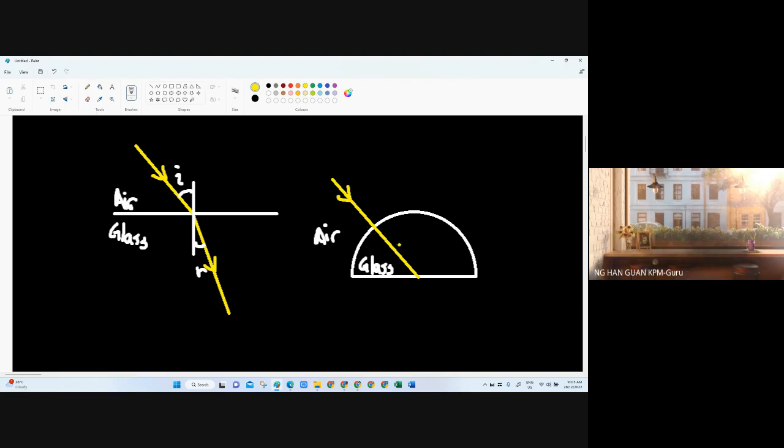Why does it go straight without bending? What happens at this part? Why is there no bending like this? Why from the air into glass is bending, but this one from the air into glass is not bending?